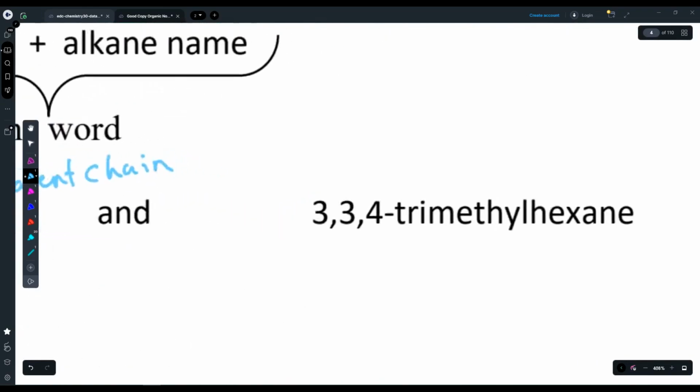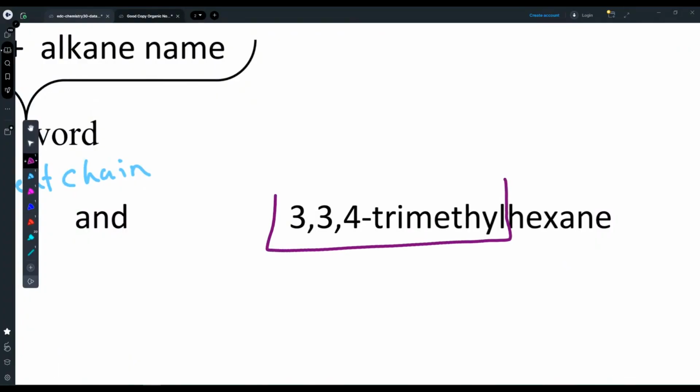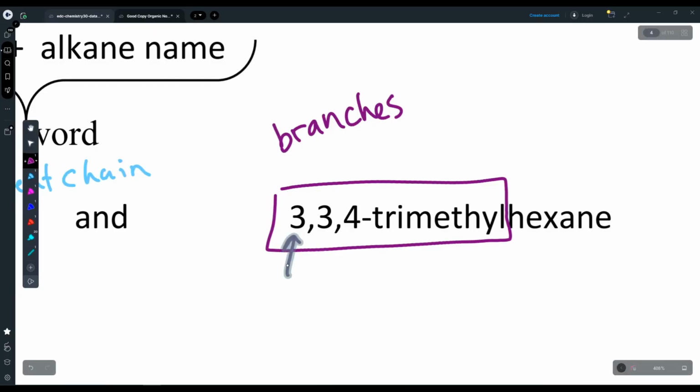Okay, if we look at this other example, 3,3,4-trimethylhexane. So this part talks about the branch, or the branches, I should say. And how I know there's more than one branch is because it's saying we have 3 methyl branches, or 3 branches that only contain 1 carbon, and they're on carbon 3, 3, and 4.